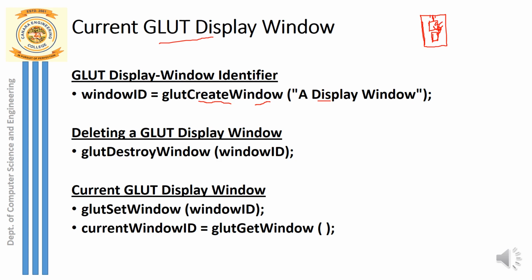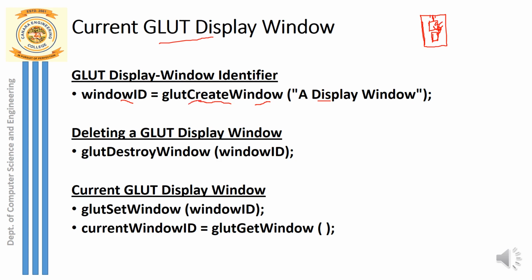That unique integer ID will be returned and you can store that value inside a variable called window ID. So this window ID indicates the ID of the newly created display window.